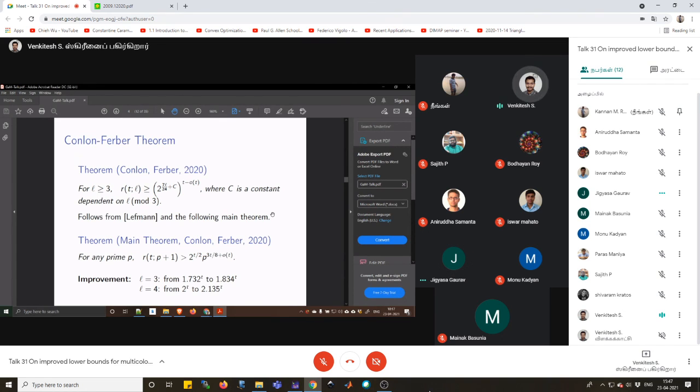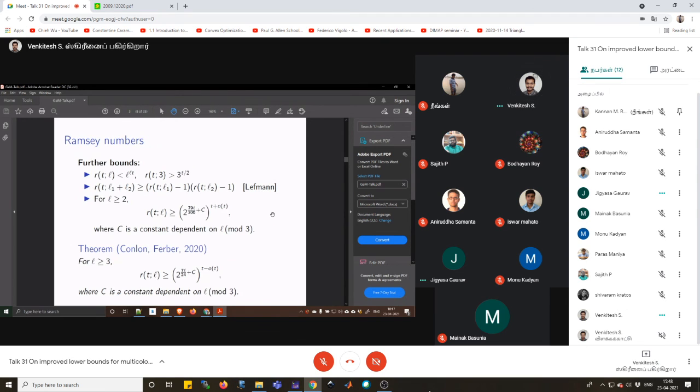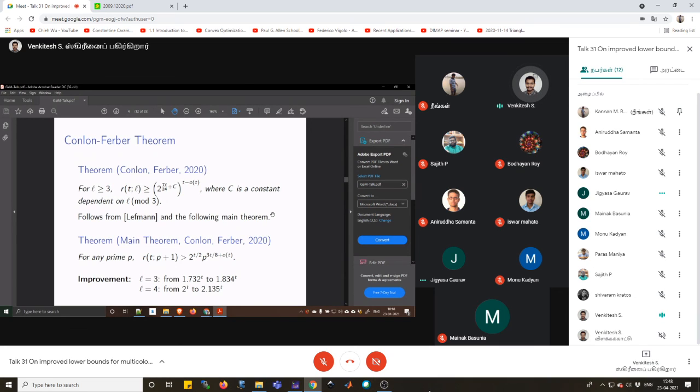All I'm saying is, if you take L to be p plus 1 and look at the bound above, that might be slightly weaker than the bound below because there is a loss that comes from Lefmann. But that's a very slight loss. That loss gets covered in this little o(1) in the exponent. That's not too much. So as far as exponential improvement is concerned, you don't lose anything even with that loss.